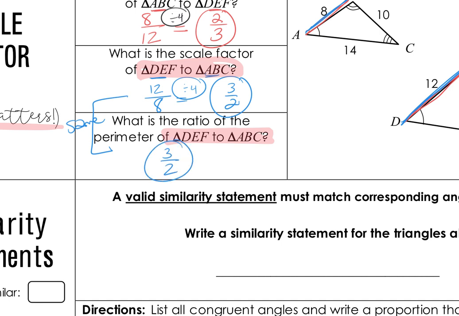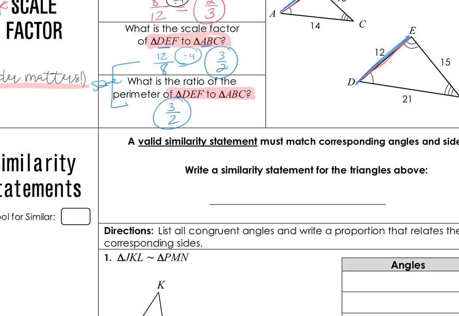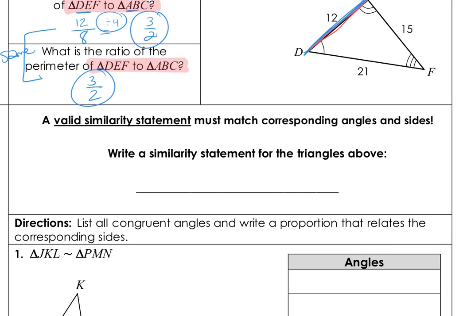Okay? All right, moving on, we're going to take a look at similarity statements. It says a valid similarity statement must match corresponding angles and sides. Now we saw similarity statements with congruent triangles. So now we're going to do similarity statements with similar figures, and we still have to match everything up.